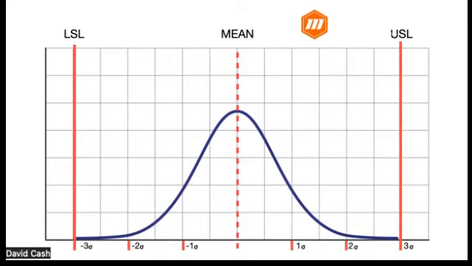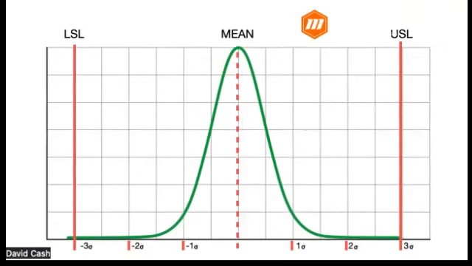As we can improve our CM or our CMK value, we may see a more representative graph that looks like this, where if there is a shift in the sigma, either 1 or 1.5 degrees of shift, we are still well within the lower spec limit and the upper spec limit. So the higher CMK value we can have, the better we can rely on that particular tool providing the torque values that are being produced.